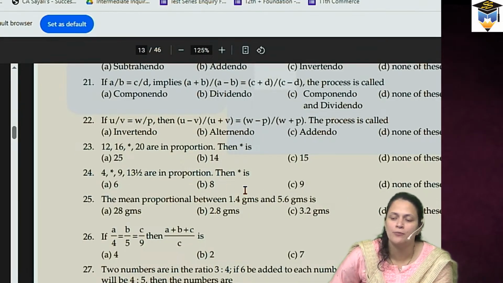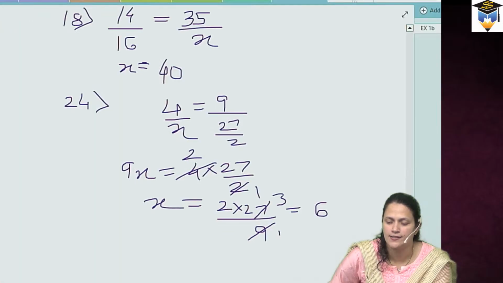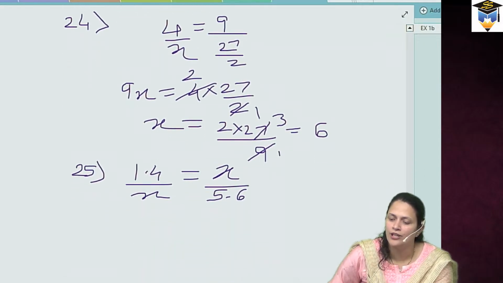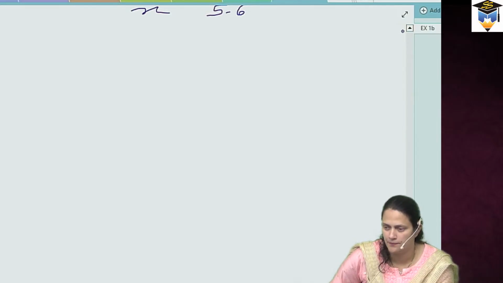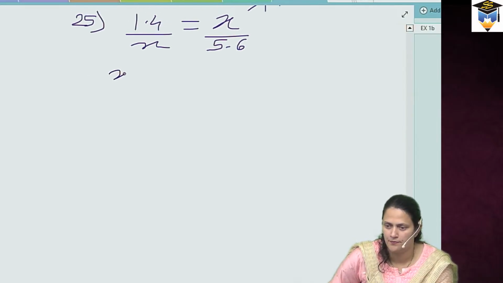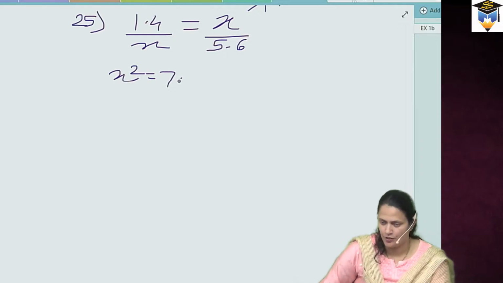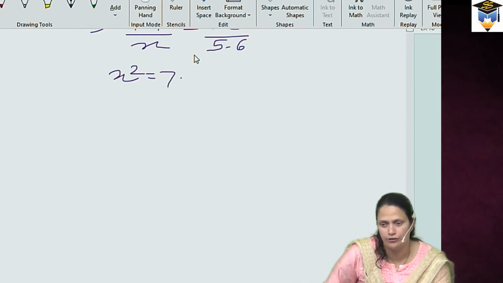25, mean proportional between 1.4 and 5.6. Tell me how much is 1.4 into 5.6? But instead of doing it like that, we have to get the correct answer.